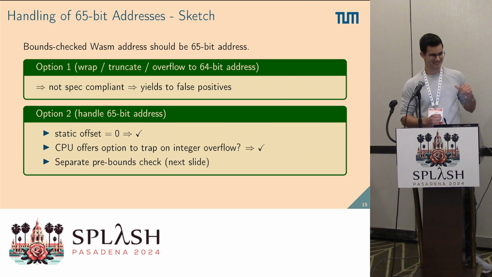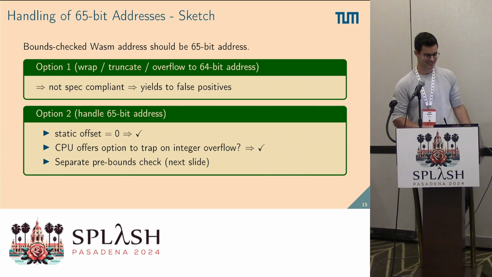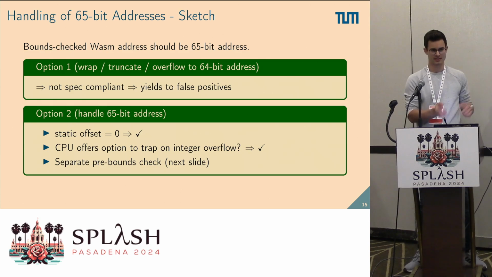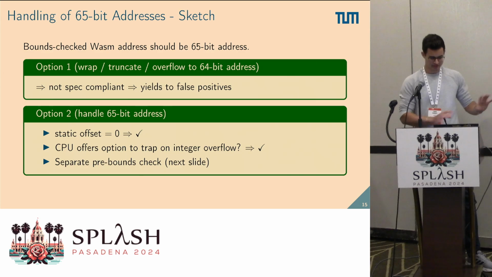So this is a problem because you're guaranteed to have a trap. So option 2 is we actually are spec compliant and handle these 64-bit addresses. There we have multiple options. The offset that is added is statically known, so if it's 0, we can just go on. There will be no overflow. Perfect. And then there are some possibilities for how to check whether we will have an overflow.